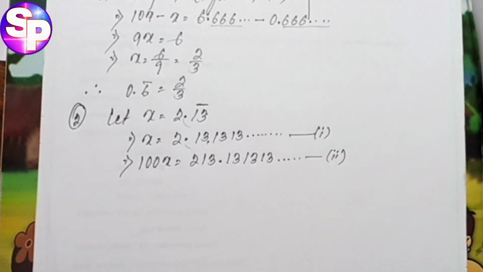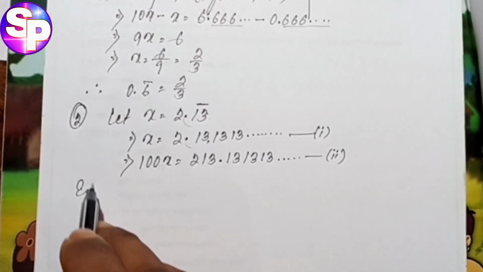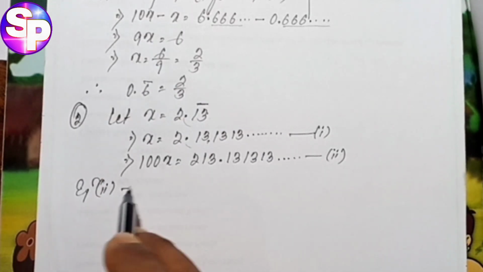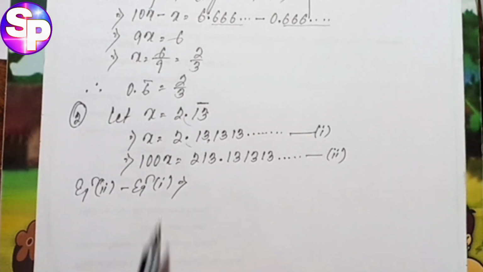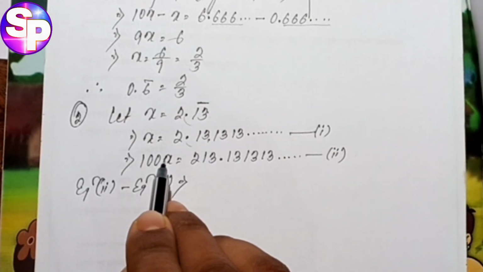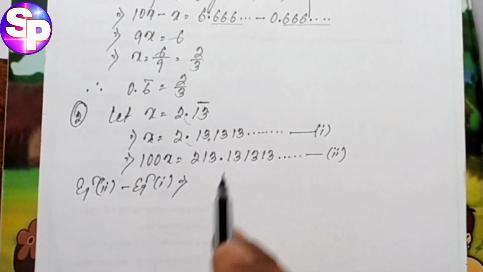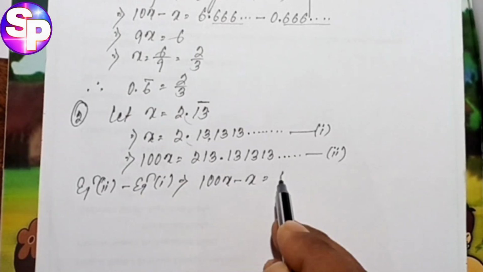The same thing, subtracting equations. This time in the shortcut I am writing equation 2 minus equation 1. So by subtracting, what did I get? 100x minus x. Children, LHS minus LHS, RHS minus RHS. So I can write 100x minus x is equal to 213 minus 2, right?